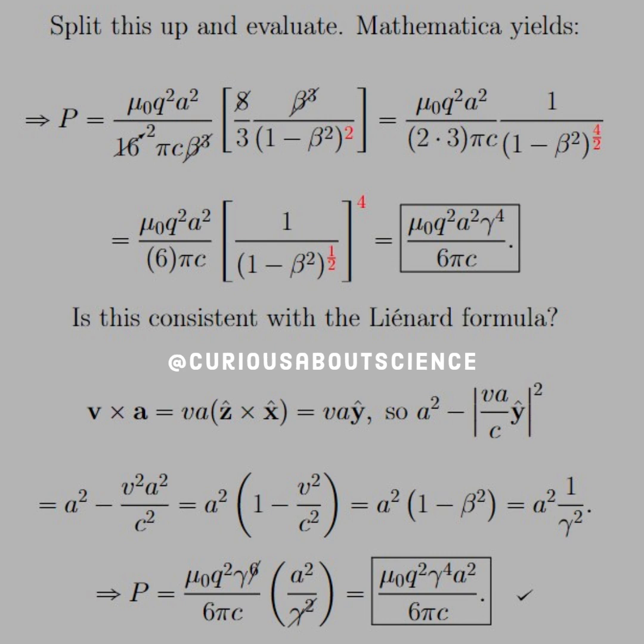And we're left with a squared minus v squared a squared over c squared. Factor the a squared out, put that in terms of beta. And we see that we get a squared times 1 over gamma squared. So if that's the case, what we see is that the power is equal to mu naught q squared gamma to the 6th over 6 pi c, and then we plug in a squared over gamma squared, and the gammas cancel and reduce to a power of 4. And indeed, they are consistent.